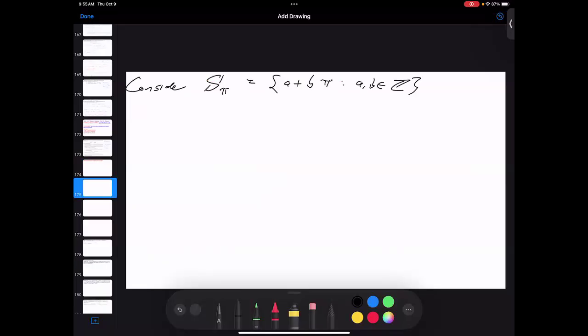So we need to show that this is a ring, so we have to go through all the different properties. So addition. Do we have a zero element under addition? How would we get the zero element?